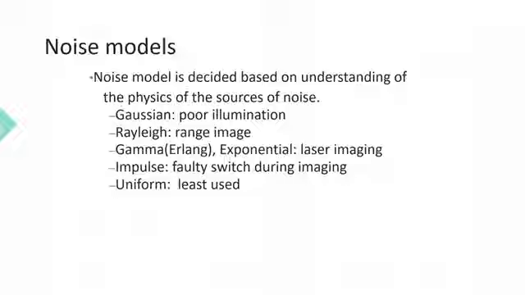Like that, the bit values, the binary values of the image change. Similarly, uniform noise may be added, but it is considered the least used among them. And Gaussian is the most common noise model we have in image processing and the image restoration process.